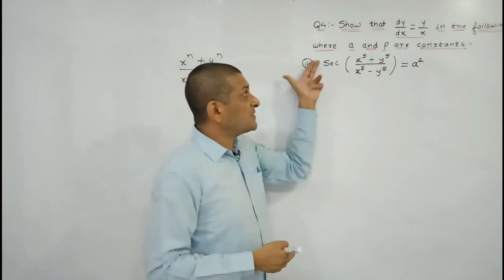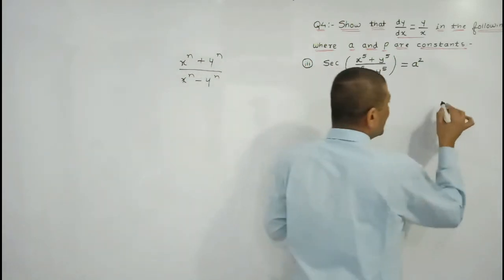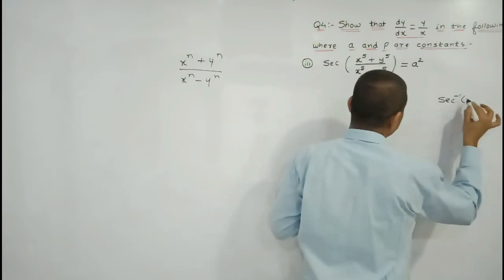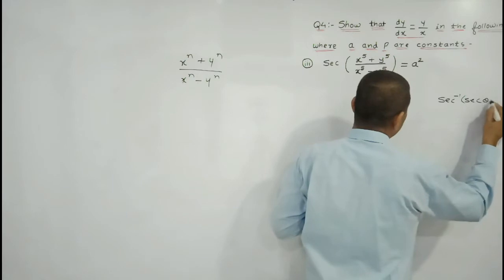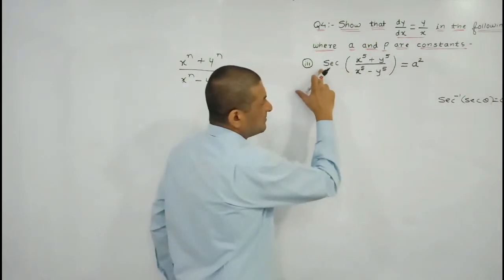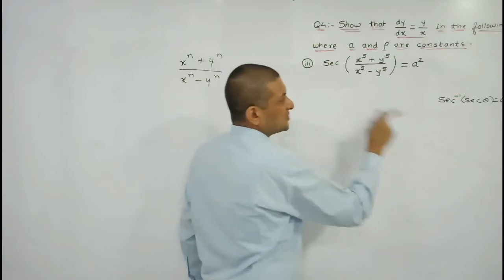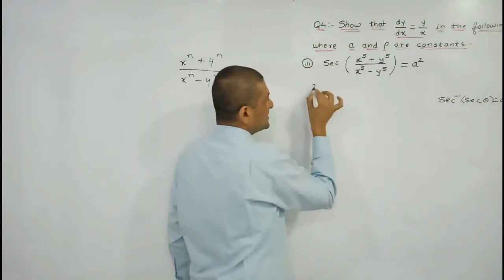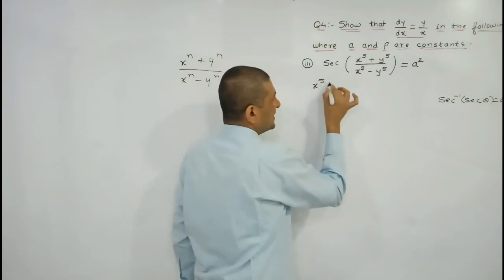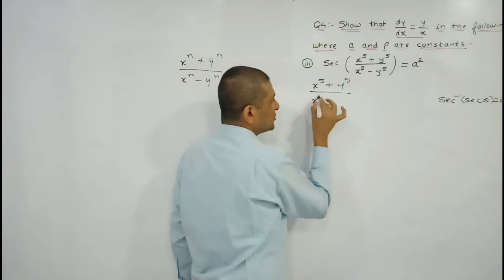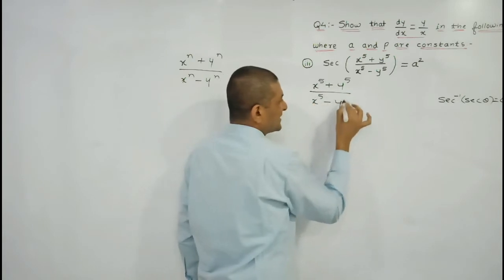तो अगर यहाँ पे हम sec inverse लेते हैं तो हमारे पास एक प्रॉपर्टी है that sec inverse of sec theta will be equal to what? Theta. So according to this property, if I am taking sec inverse on this side, so in short we can say that sec inverse and sec will get cancelled. So what is the remaining term? x raised to power 5 plus y raised to power 5 divided by x raised to power 5 minus y raised to power 5.